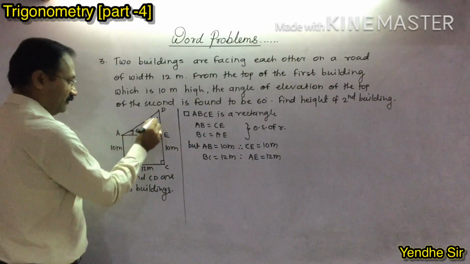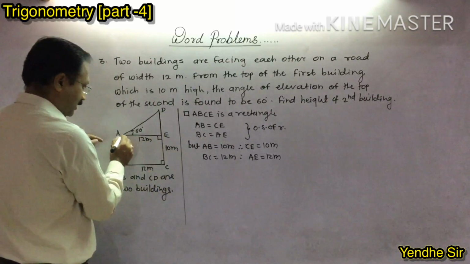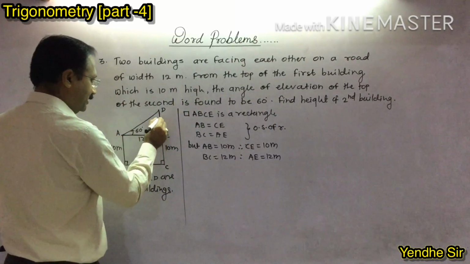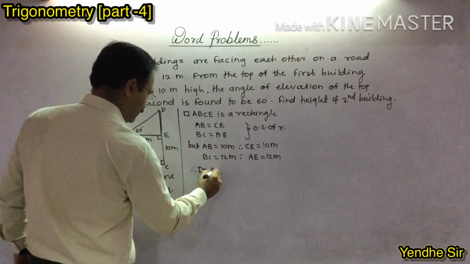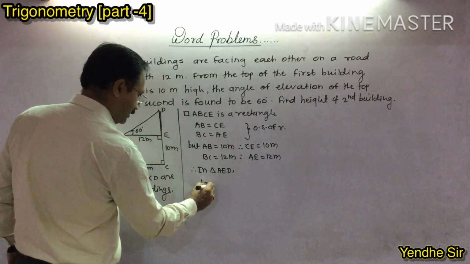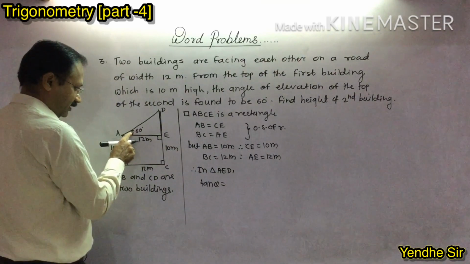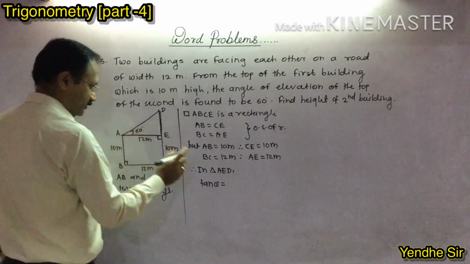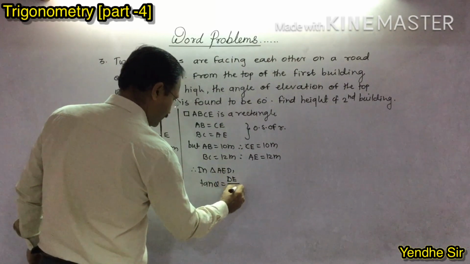Now I am able to find out the DE. Now you have to take which triangle? AED. Therefore, in triangle AED, tan theta. Tan theta means opposite to 60 upon adjacent. So DE upon AE.